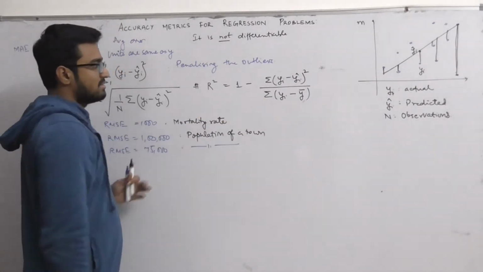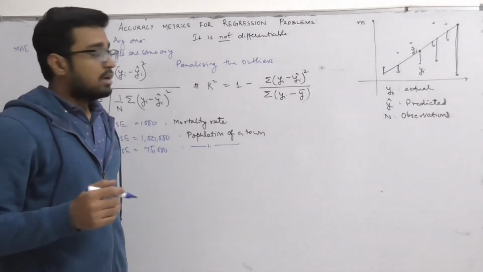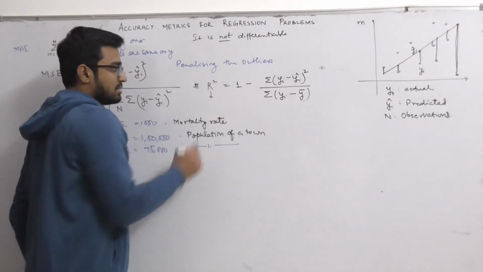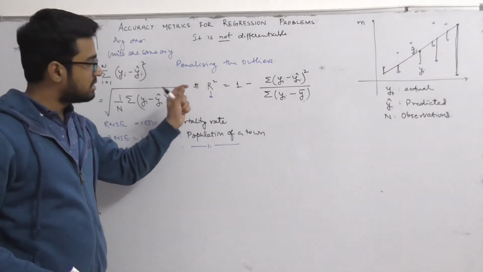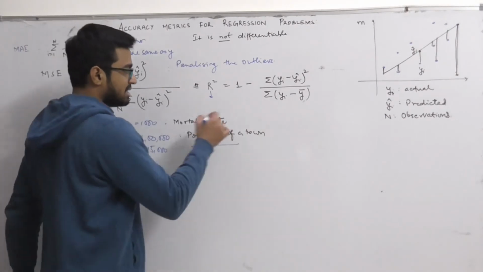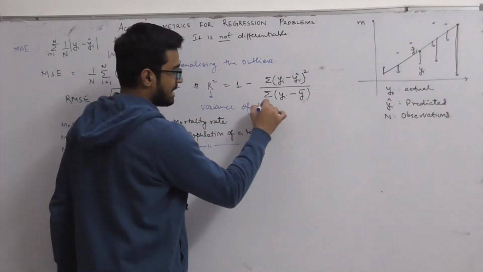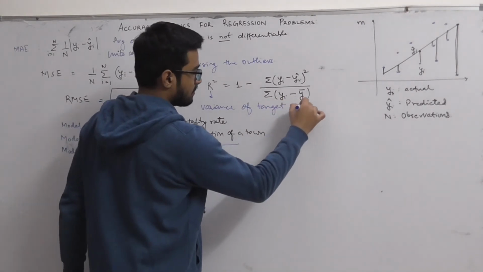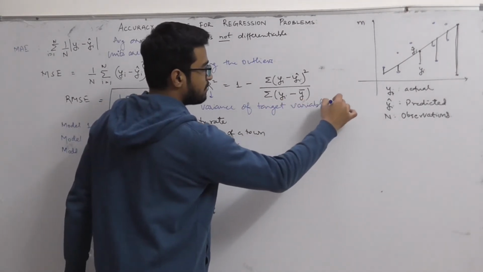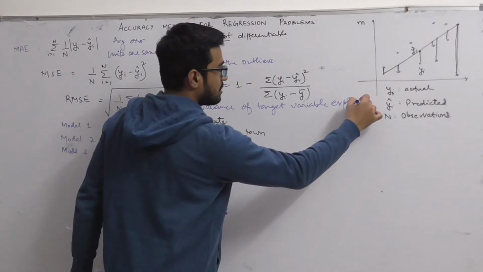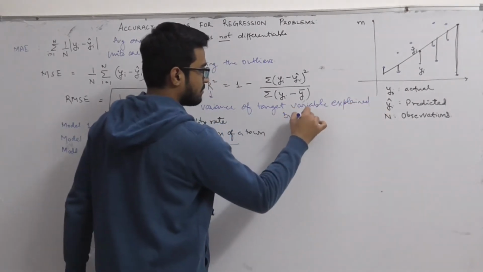So doing 1 minus this will give me the R square. Now this number would represent the variance of the target variable explained by the model.